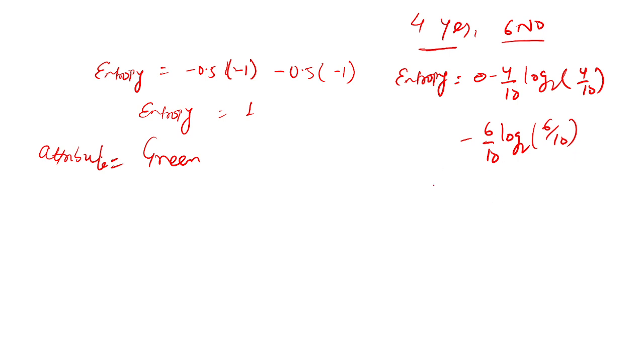Then we got some entropy value. Let's say it's 0. How much will come for this? Sir, 0.221.